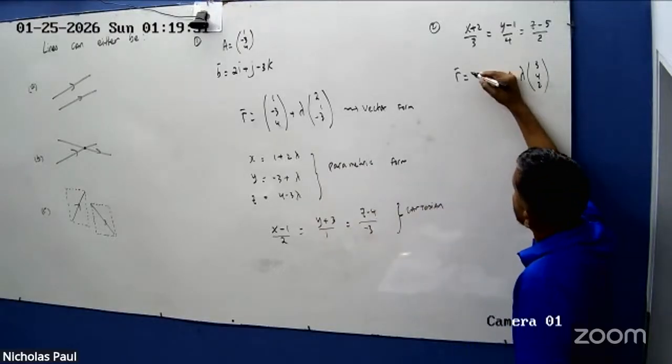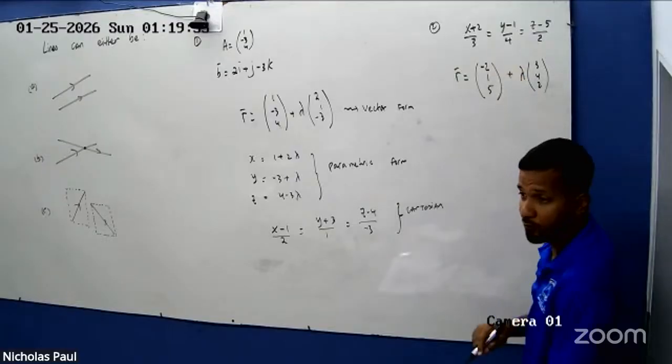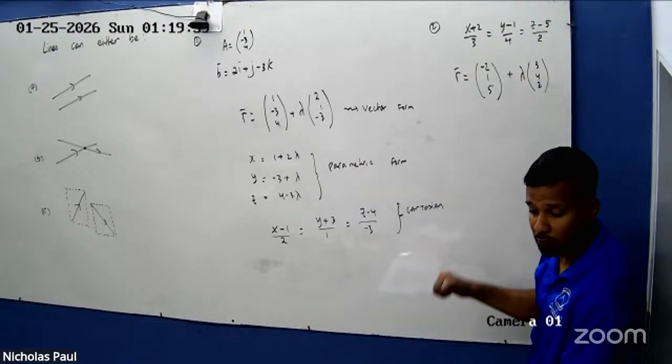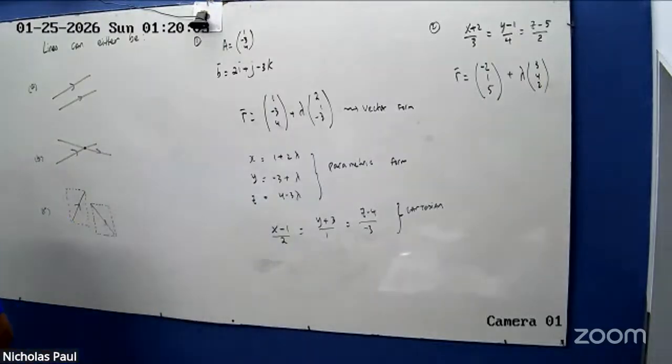So that would be minus 2, 1, 5. Are you okay with that? So that's the answer. No, I said vector. I only want the vector form.